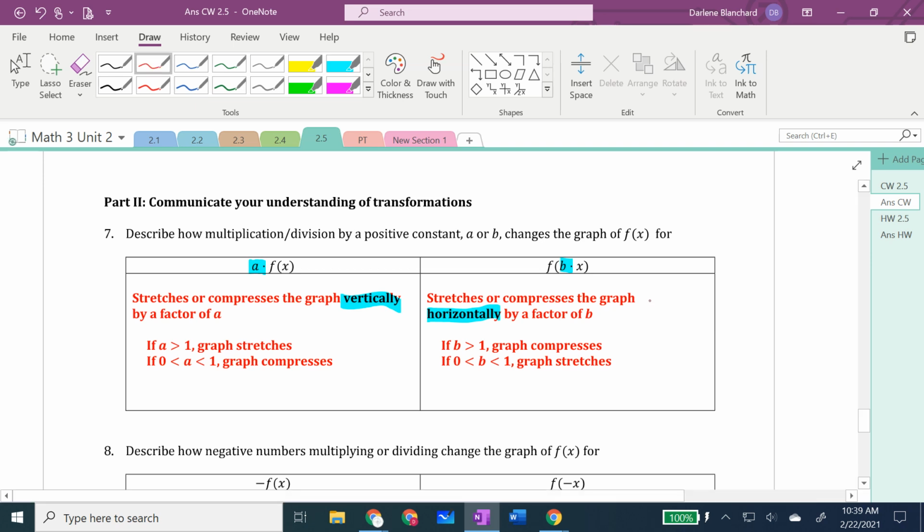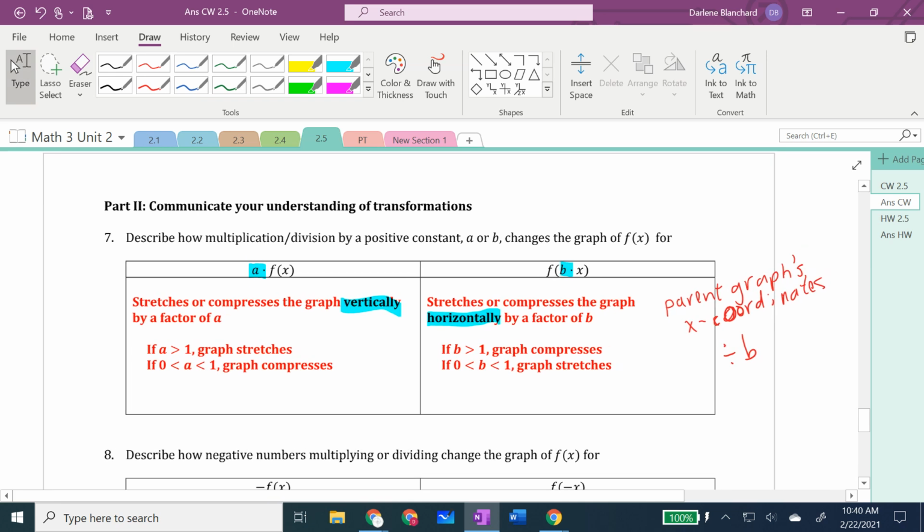you are going to take the parent graph's x coordinates, and you are going to divide them by b. Keep the y values as they are, but divide the x coordinates by b.